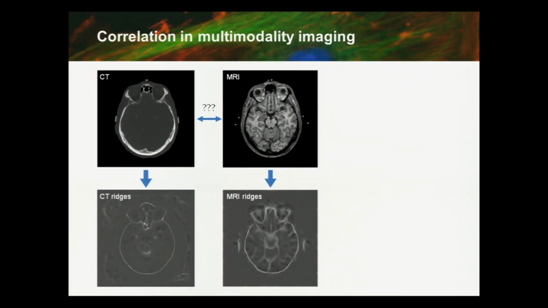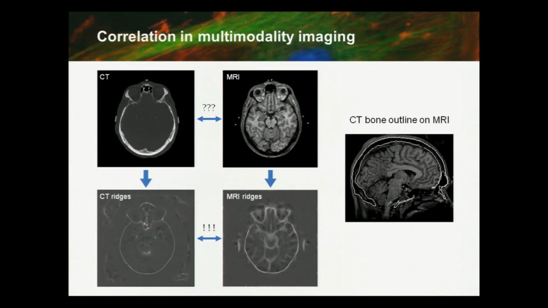So this is just a trick. By pre-processing, by applying the appropriate filters, you can make the images look more alike, so that correlation starts to make more sense. So here you could apply a correlation very well, and it will give you an optimal match. This is just a visualization of the result after registration, where you can show the bone outline on the MR, for example, to show that it really matches. So that's what I wanted to say about correlation.